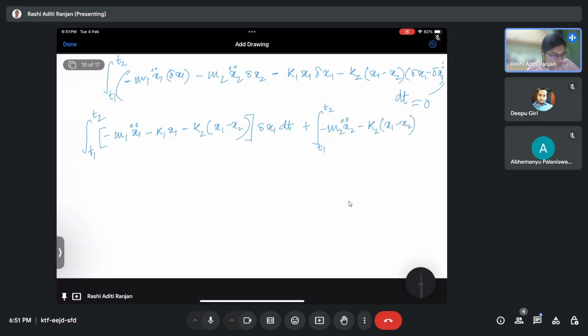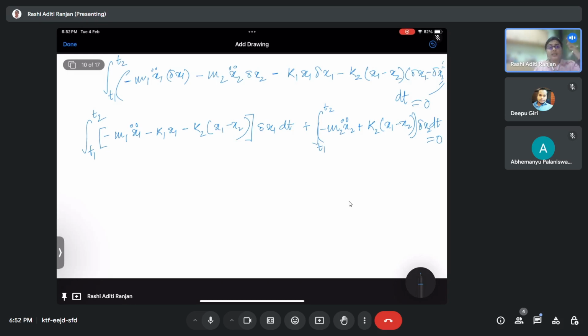Because here is a minus, this will get converted into plus, equal to 0. Now since x1 and x2 are two independent parts, both the integrations are going to be 0. Now the variations delta x1 and delta x2 are arbitrary. They are 0 only at the end points t1 and t2. Other than that, they are not equal to 0.